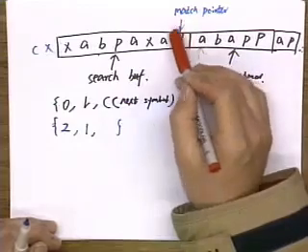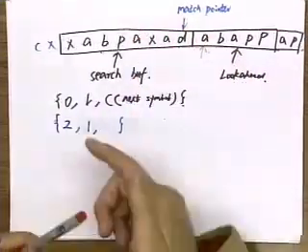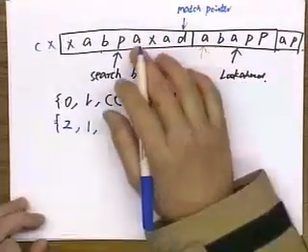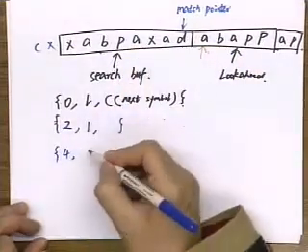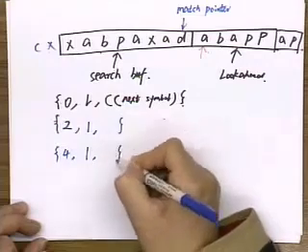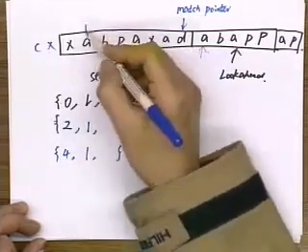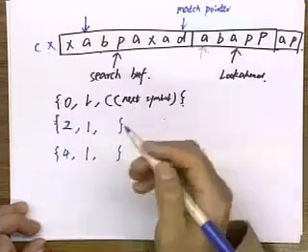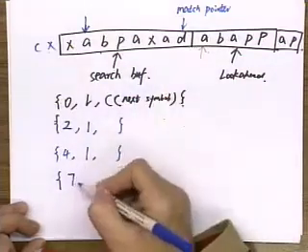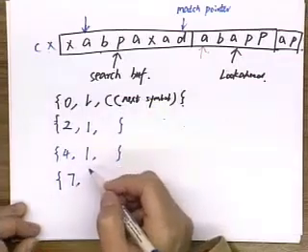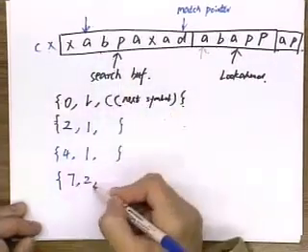So the match pointer just moves on, and it records this, and it reaches this place, and the offset is 4, and the length of the match is 1. It just continues, and here the offset is 7, and the length of match is 2.